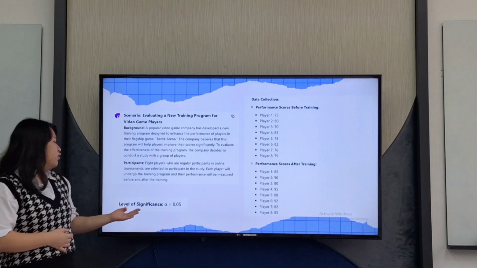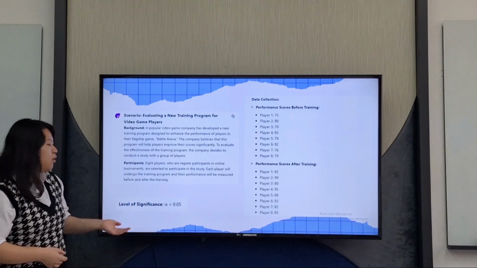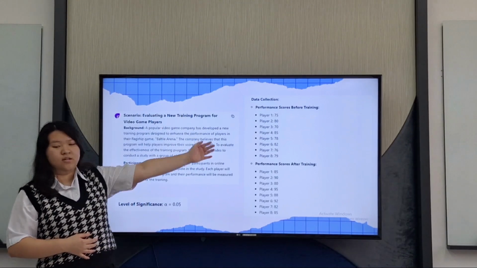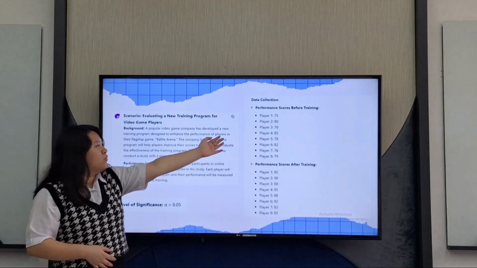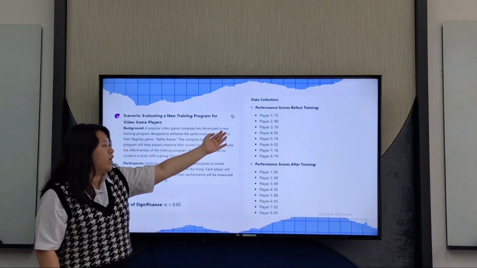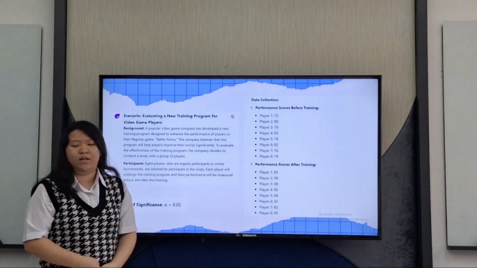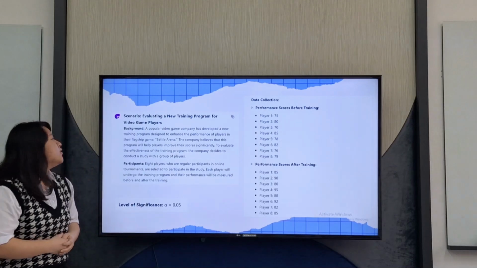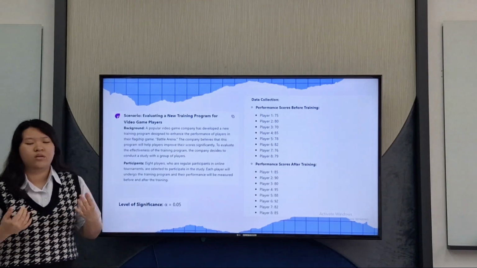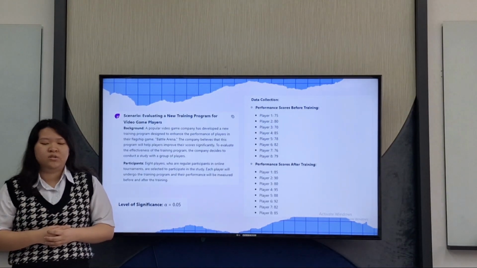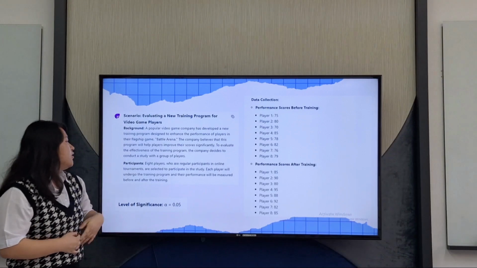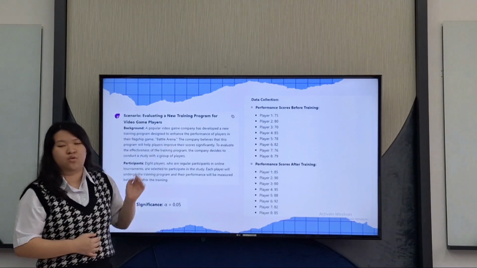And here we will use the level of significance, which is 0.05, and this is the data collection with the performance scores before training and performance scores after training. And from this scenario, we will know that it will use one tail because the keyword is to improve their scores.